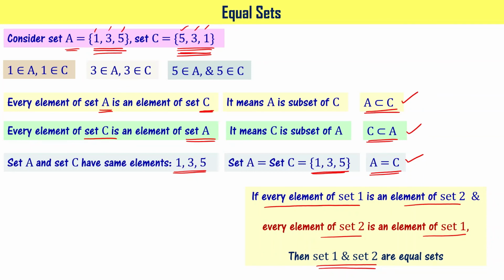Understood? Another point you have to note here is, if A is a subset of C and C is a subset of A, it means that A is equal to C. When can this happen? When both the sets have the same elements as given here, 1, 3, 5. Okay, A is equal to C.